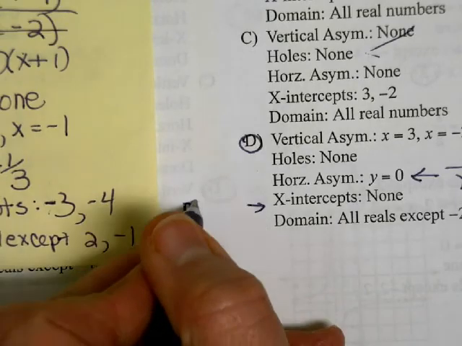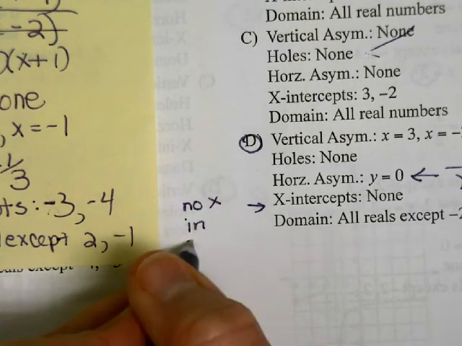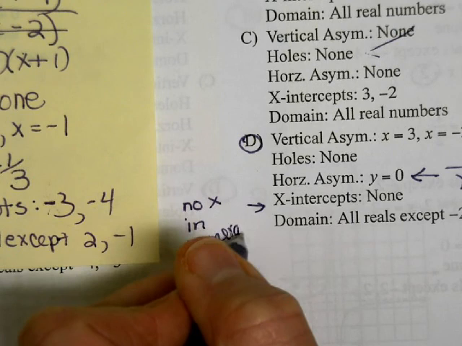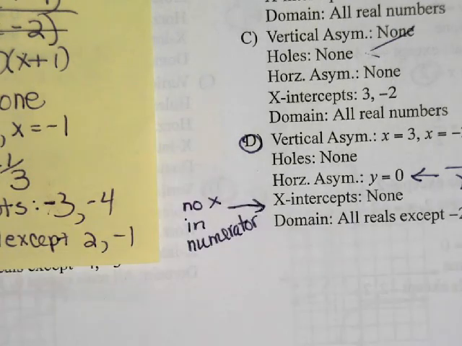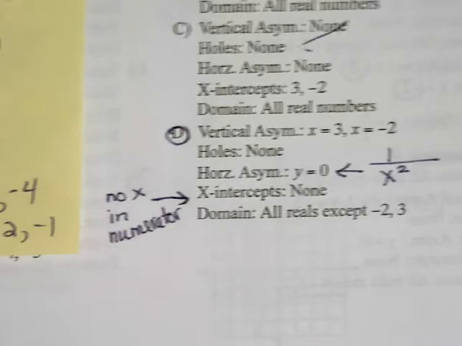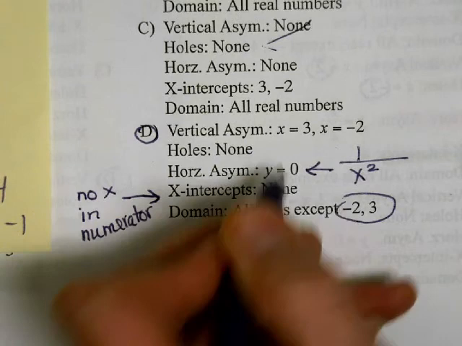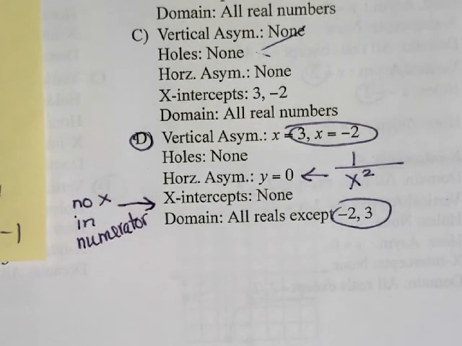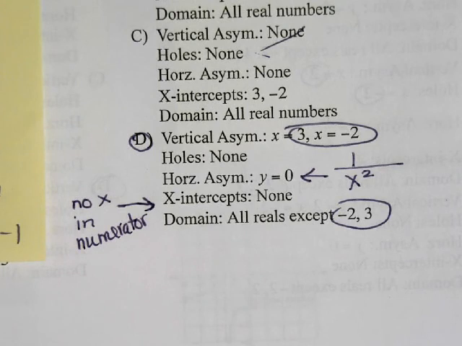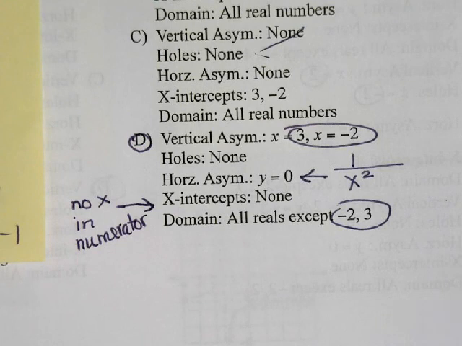There was nothing to solve for in the numerator, so you could make that note: no x in numerator. That's how we knew x-intercepts are none. Good question. Thank you for asking. And these two come from these two. They just switch them around for whatever delightful reason they want. Crazy, huh? I guess to give you flexibility. I want to make you flexible.